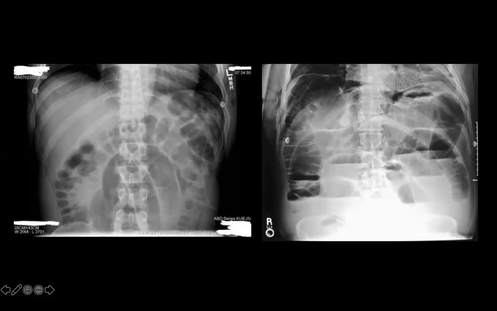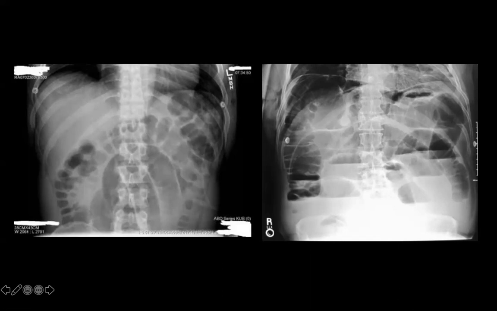You can see that the bowel in both is dilated, and you can see the plicae circularis going right through. So that's small bowel. On the right-hand side, you can see a step ladder sort of appearance and air fluid levels. That's what tells you it's an SBO.